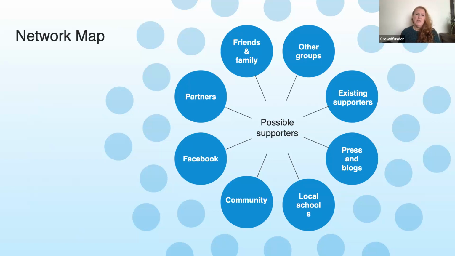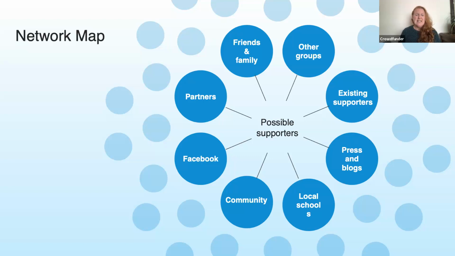So when we talk about your core audience or your core crowd, really that's your friends and family, your colleagues, maybe it's a team of volunteers that you work with, people that you have personal connections with, that you have conversations with, that you can start talking about this crowdfunder, and those people will more than likely be the ones that you can rely on for those first donations. You need to have a nice solid core network before you then start thinking about approaching the wider community.